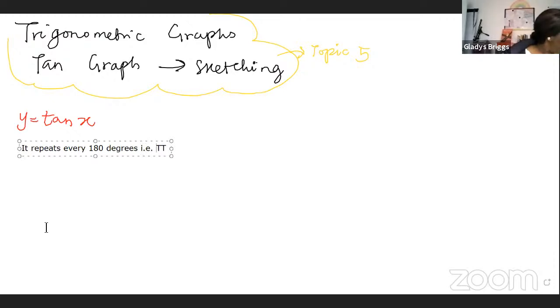Okay. And the other thing that you need to know is that it crosses the x-axis. Let's write that down.